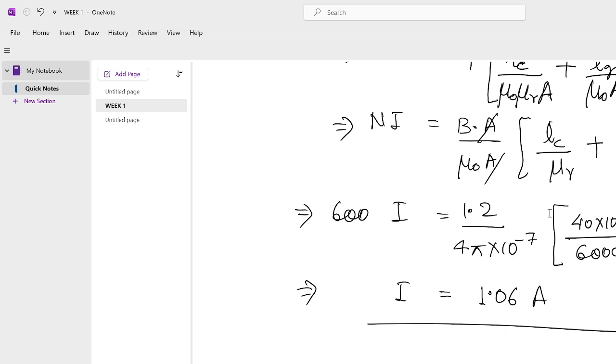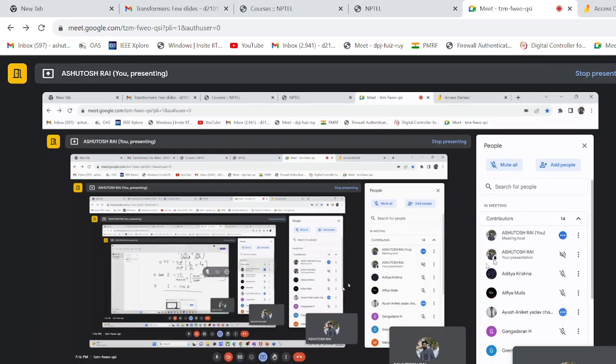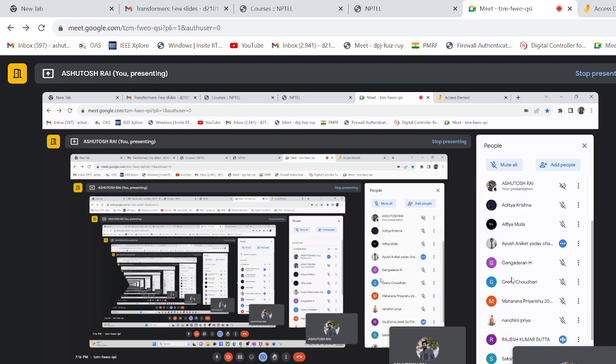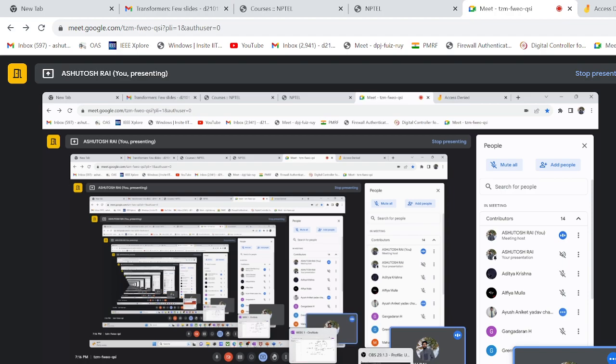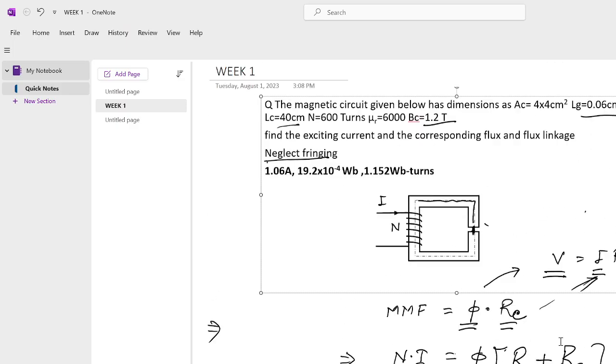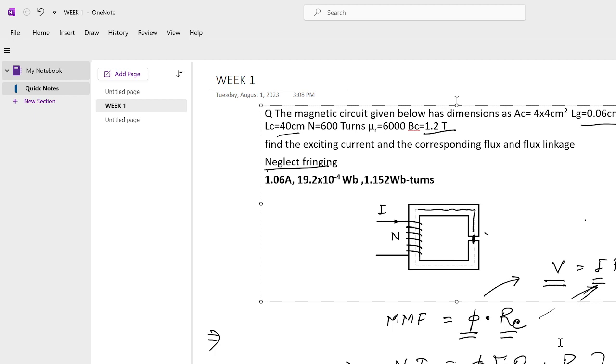I hope everyone who has joined has elementary knowledge of these basic magnetic circuits. Sir, please show the question slide. Yes, I'll show. Okay, sir, hold on a second.